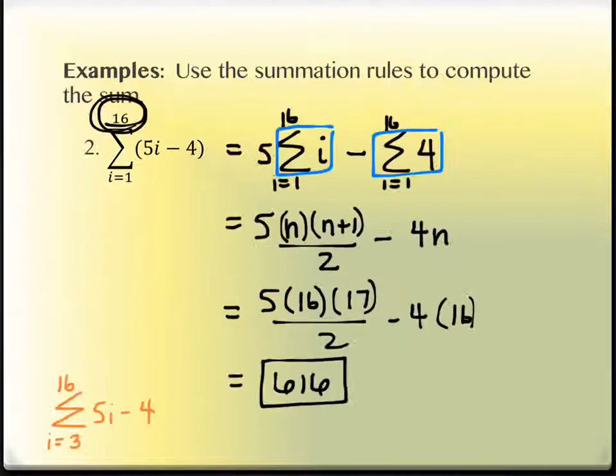Well, what we do is we actually change it to start at 1. But if I did that, what did I really do to that summation? I added something in that wasn't there before. What did I add in? I added in what would happen if I plugged in 1 and if I plugged in 2, right?